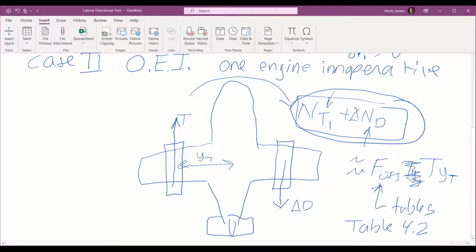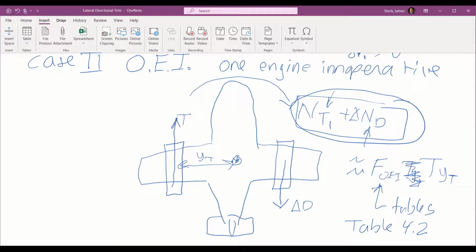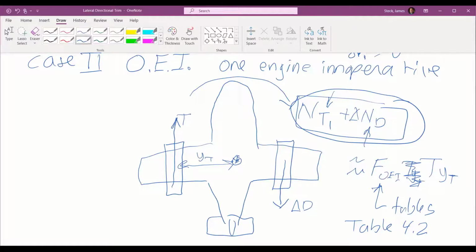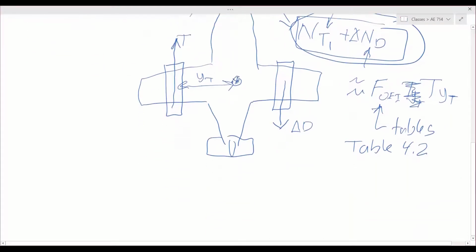Yeah, it's from the center line of the airplane, so it's got to be from the CG, like that. So we're going to need these numbers. We're going to come back to this and put numbers in.